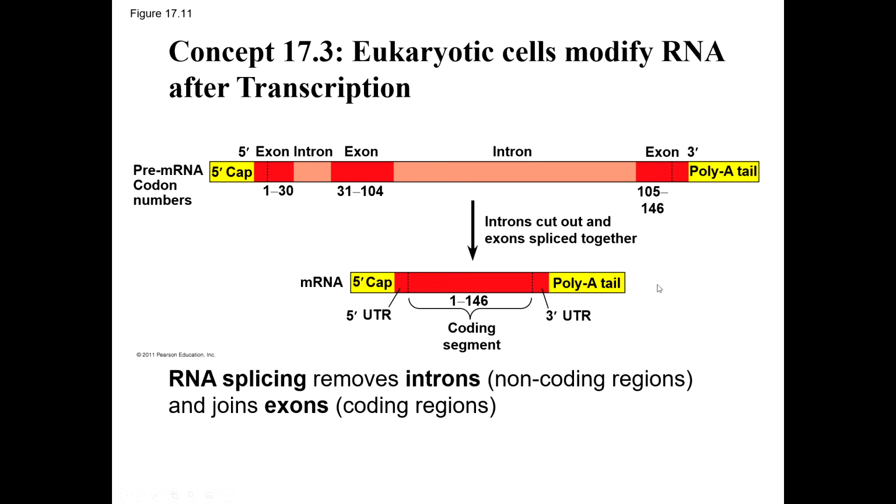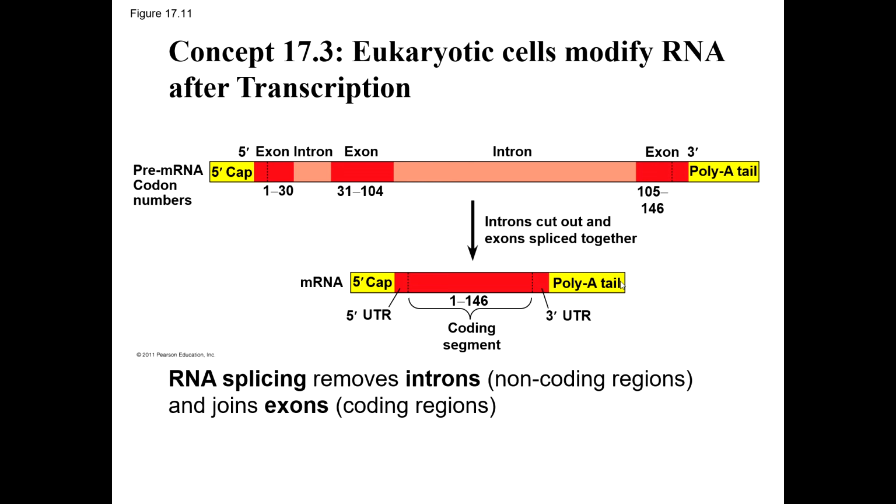That stands for poly meaning many, right? The A is adenylate acid. So there is a group of adenylate acids added to this end. No one knows for sure why, but perhaps these modifications happen because it may protect it from being broken down when it gets out into the cytoplasm.